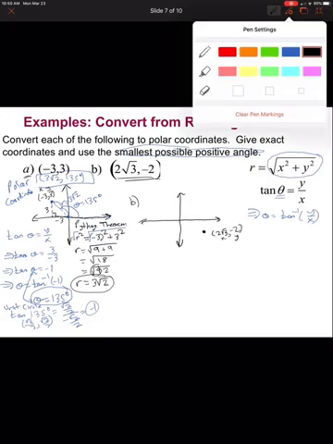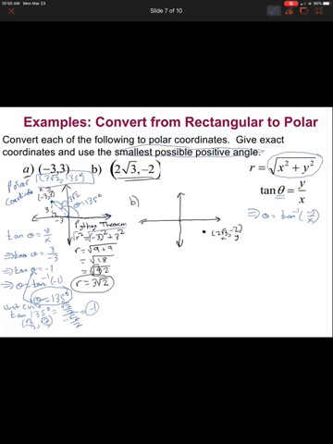Now with polar coordinates, let's go ahead and assign location. So again, as we're looking at the rotation, remember we want the smallest possible positive rotation. So counterclockwise, theta. And again, a radius, distance from the pole to the origin. So there's r. We need those two pieces of information. We need r and we need theta.